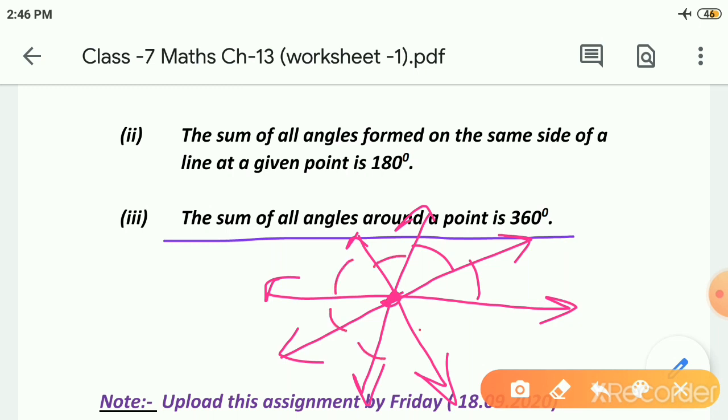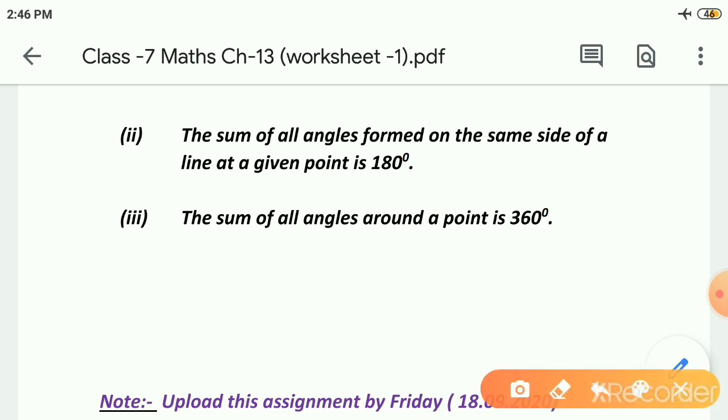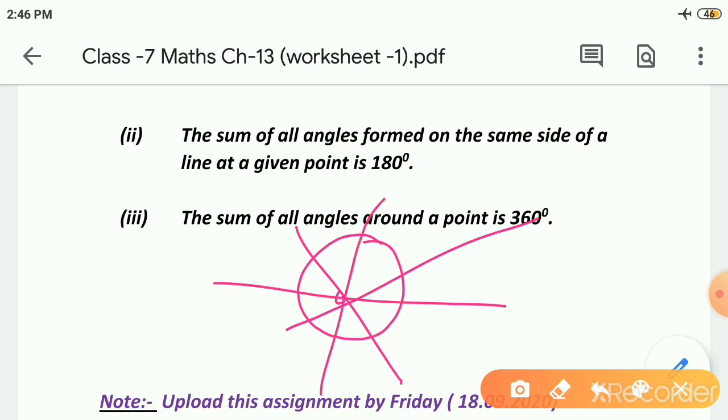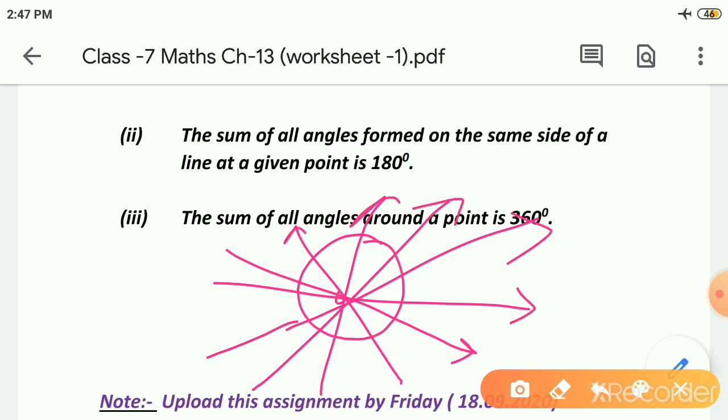So the sum of all these angles when we add, do you think it is 360 degrees? Yes, around a point, because it completes the round. So whatever angles are formed around this point, the sum will be 360 degrees. Remember this. On the same side 180, but around a point it is 360 degrees. This is called a complete angle. Remember this.